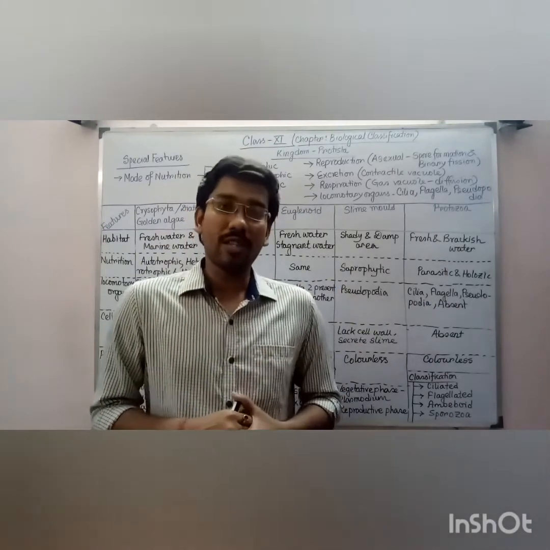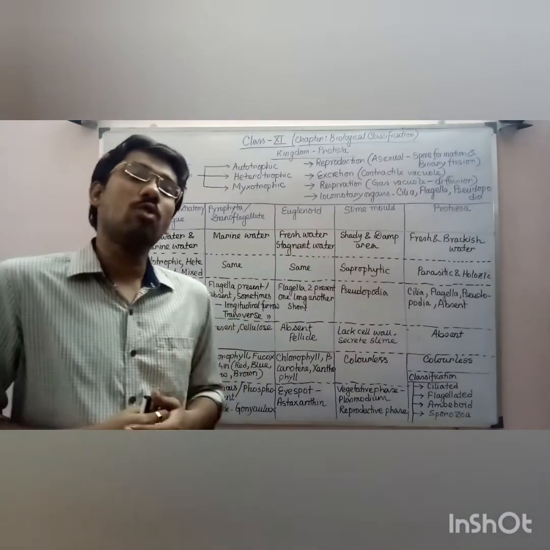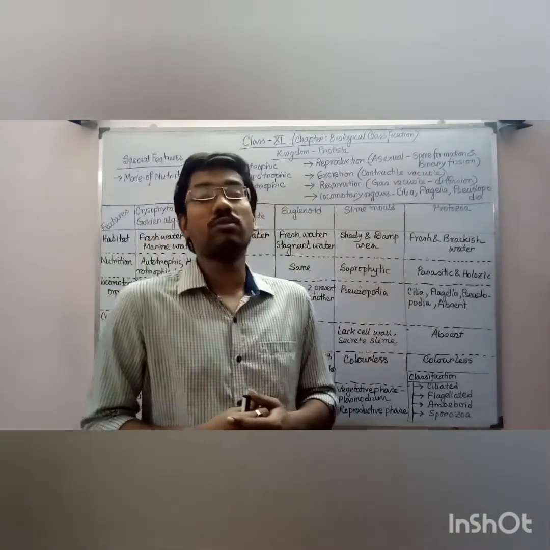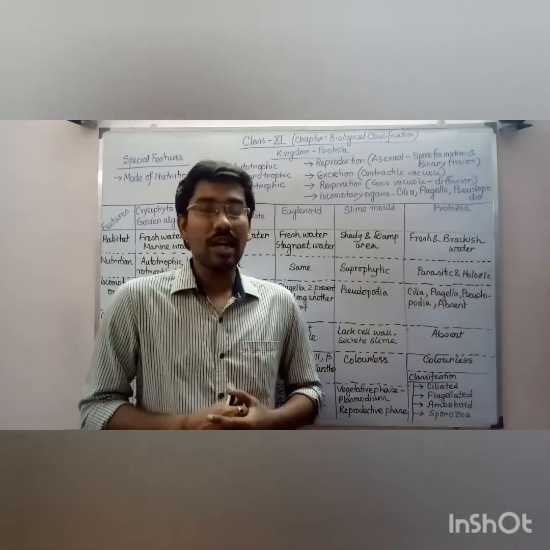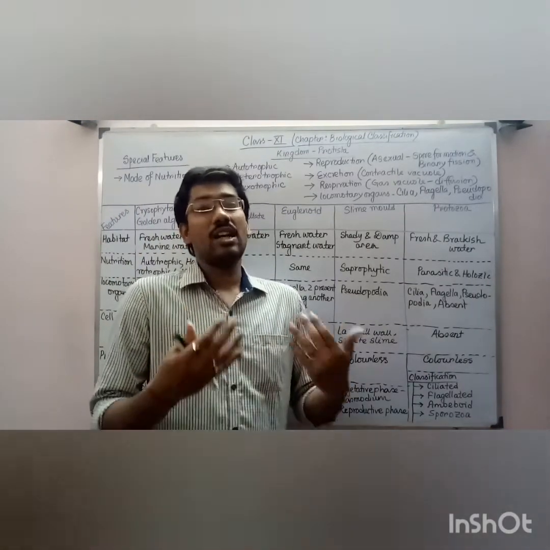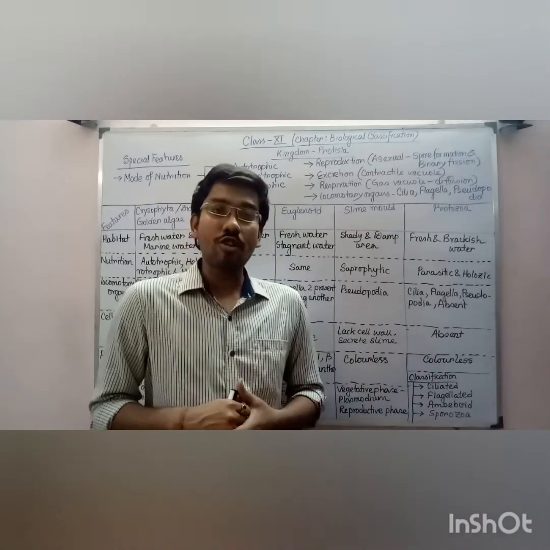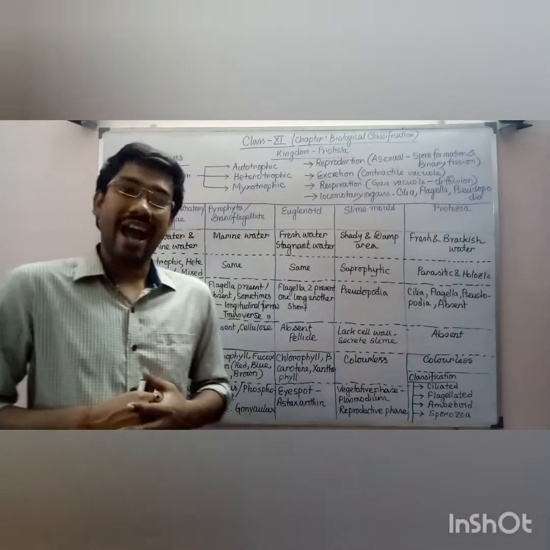Due to the presence of that organ, they can excrete all of their excretory materials from the contractile vacuole. And this contractile vacuole has a special function. It can also maintain the osmolarity or osmotic concentration of the body fluid present in those organisms.